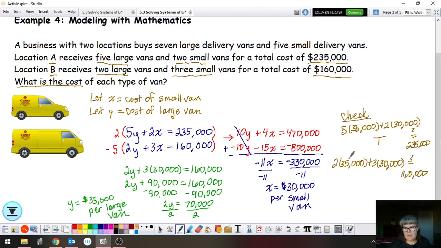Well, 2 times 35,000 is 70,000, 3 times 30,000 is 90,000, 70,000 plus 90,000 is 160,000. That is also true, so we have solved this problem correctly. The business pays $30,000 per small van, and they also pay $35,000 per large van.